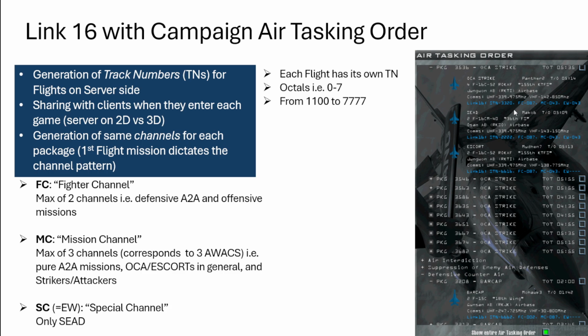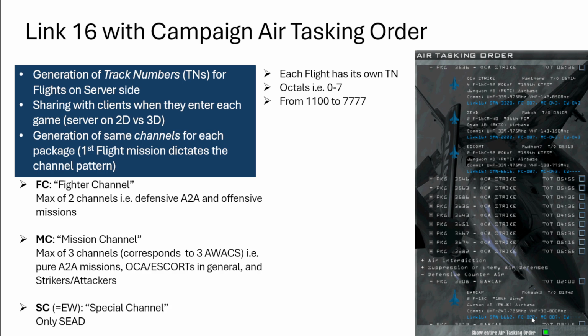And this package is an offensive mission, not a pure air-to-air, on fighter channel 087. If these guys want to get fighter tracks from these guys, they need to go to 002. This is how it works.